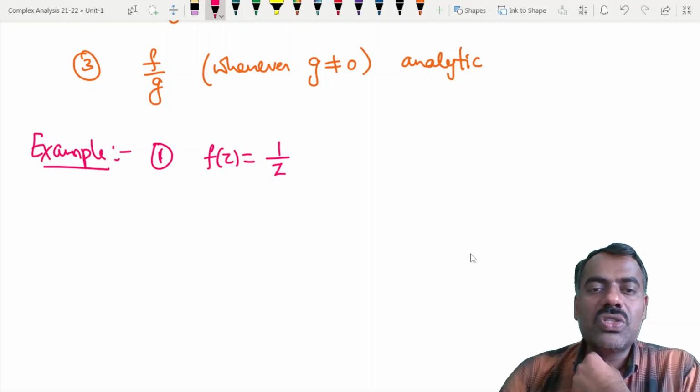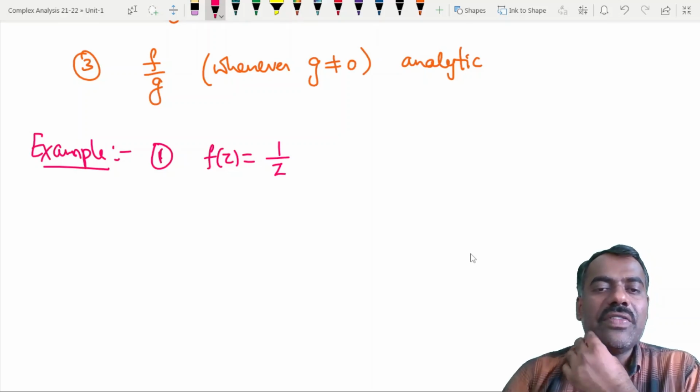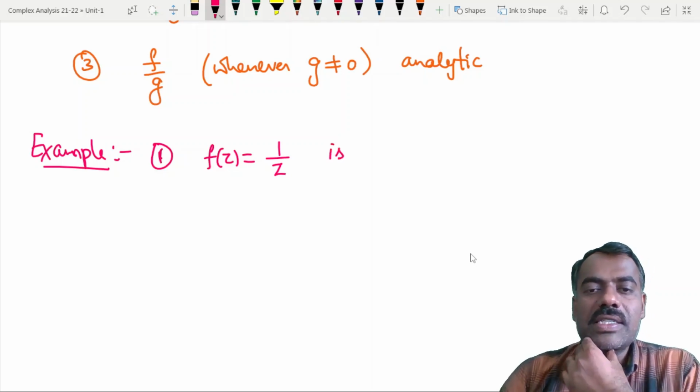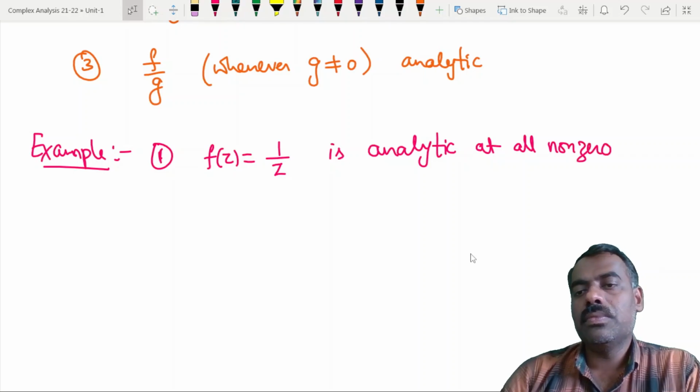When z is not equal to 0, then you can find the differentiation of this one. Can you find the differentiation of this or not? You can easily show that this differentiation exists everywhere except at z equal to 0. Therefore this function is analytic at all non-zero points.